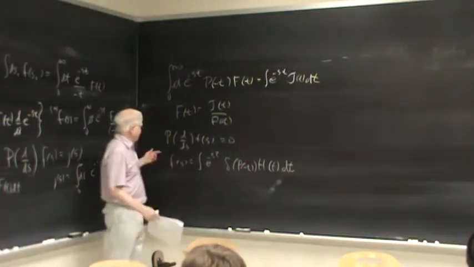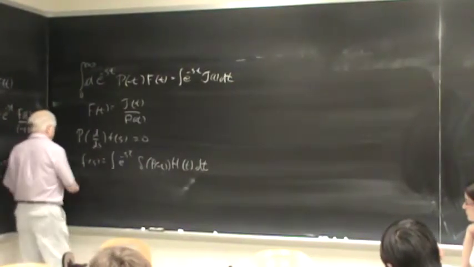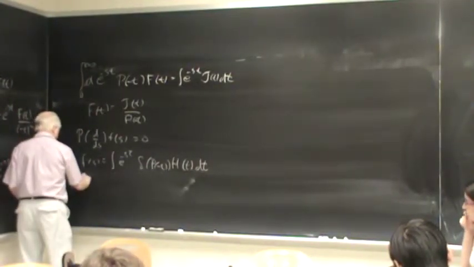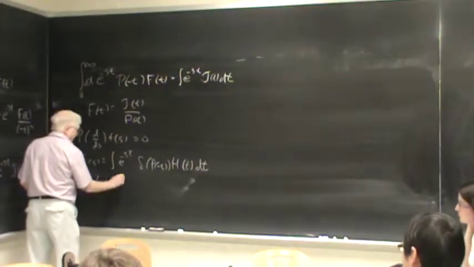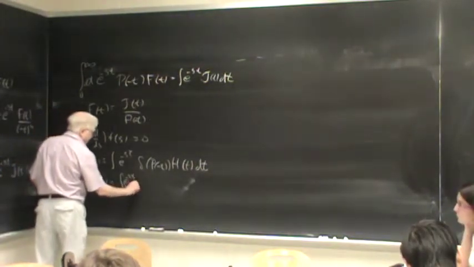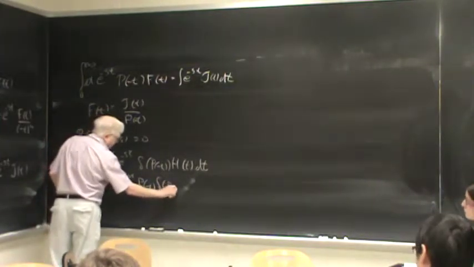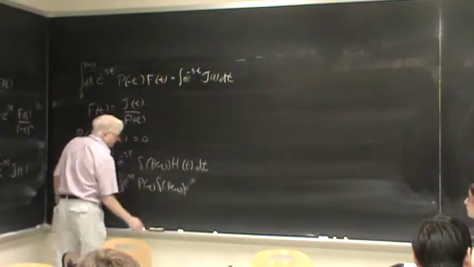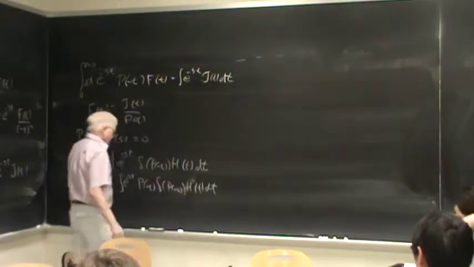Because now when P of d by ds hits this thing, what we get is an integral e to the minus st P of minus t delta of P of minus t h of t dt.